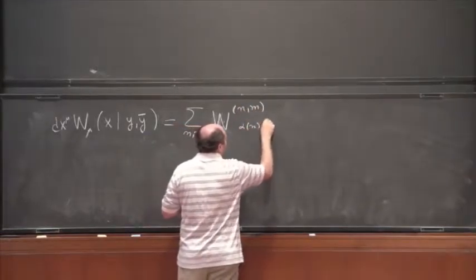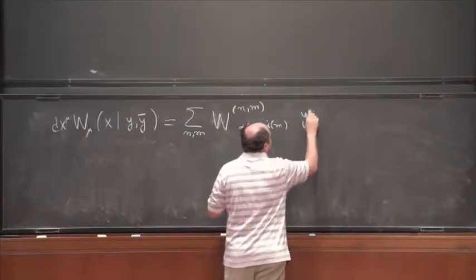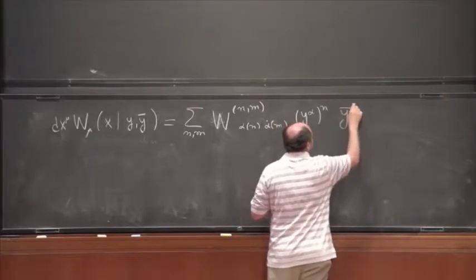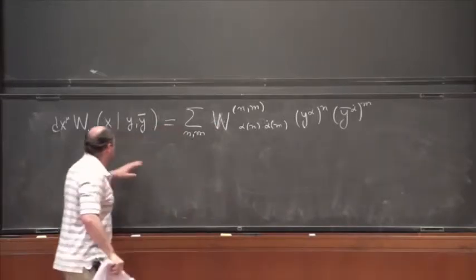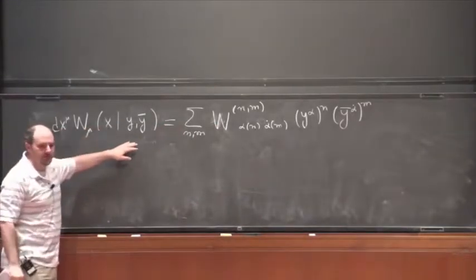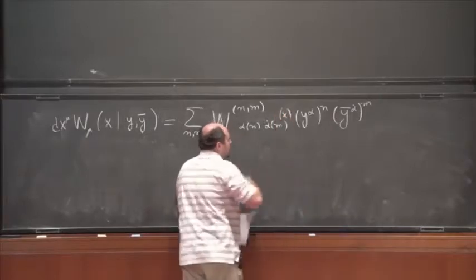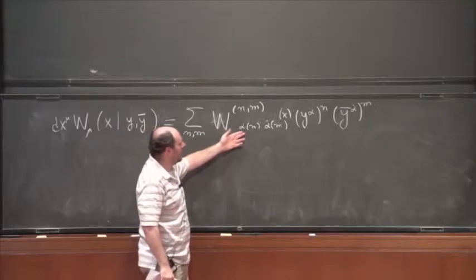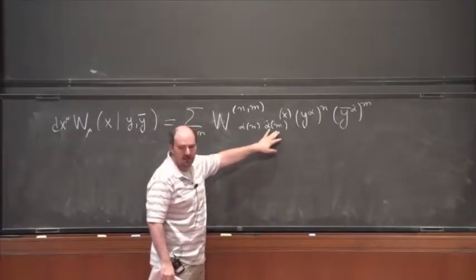Let me write it down first and then remind you what the notation means. So we expand this big field into powers of y and y bars. Here the notation is a condensed notation such that this object has n alpha type indices and m alpha dot type indices.